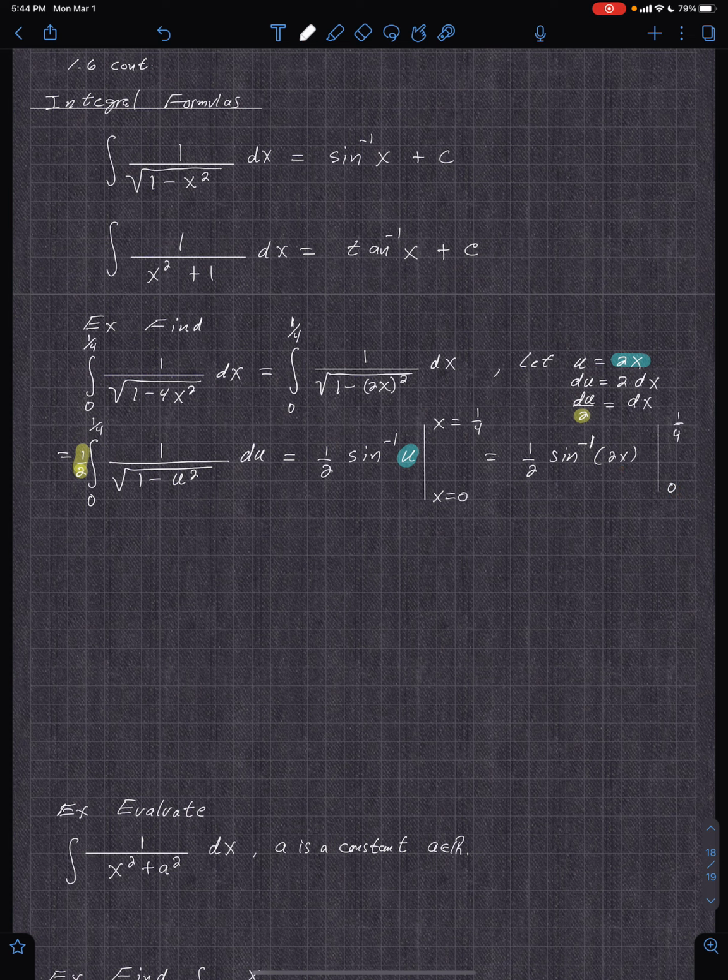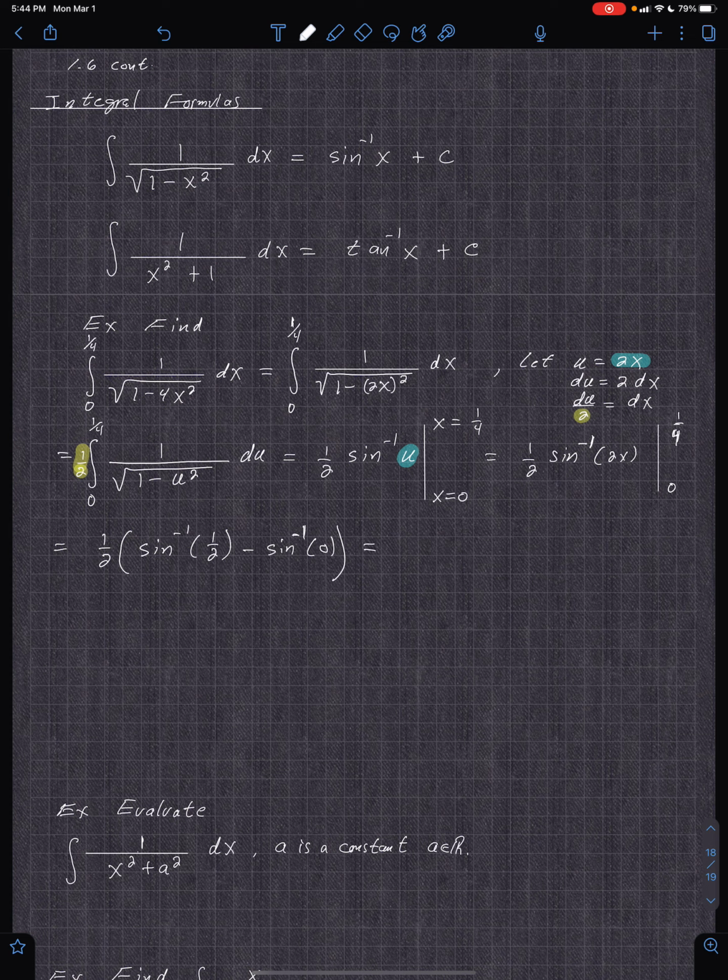Then we evaluate that. That equals 1/2 times sine inverse of a half, because you're putting in 1/4, minus sine inverse of 0.